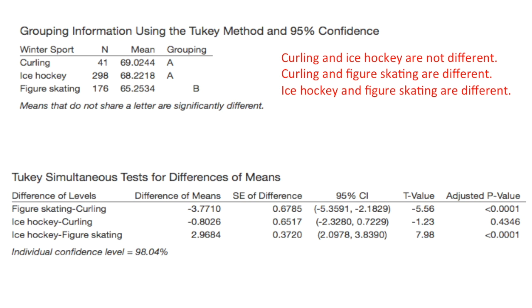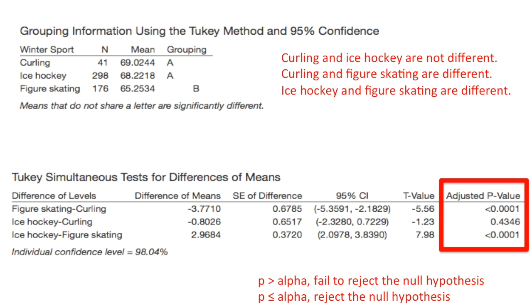If an adjusted p-value is less than or equal to 0.05, then those 2 groups are significantly different. For example here, figure skating and curling, the adjusted p-value is less than 0.0001, so we would reject the null hypothesis and say that figure skating and curling are significantly different. Ice hockey and curling, the p-value is 0.4346, which is greater than 0.05.